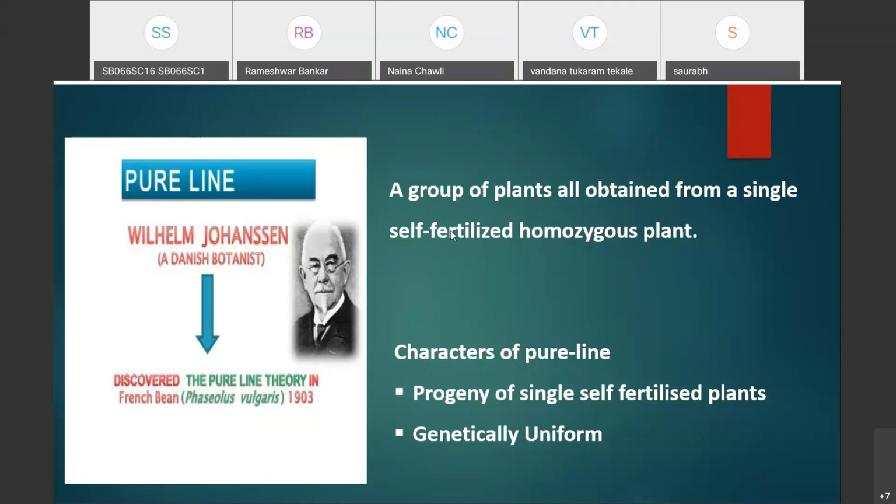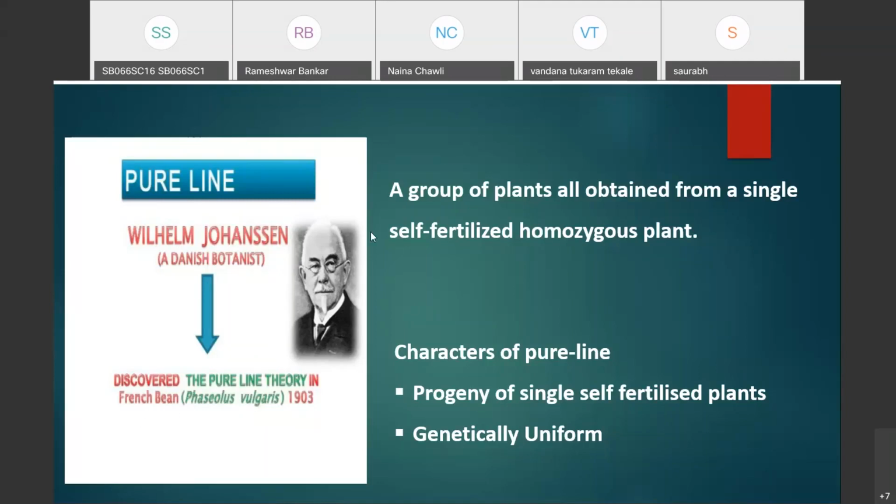Before discussing pure line selection, you should understand the terminology pure line. The term was first coined by W.L. Johannsen, a Danish botanist, in 1903 while working on the French bean Phaseolus vulgaris.